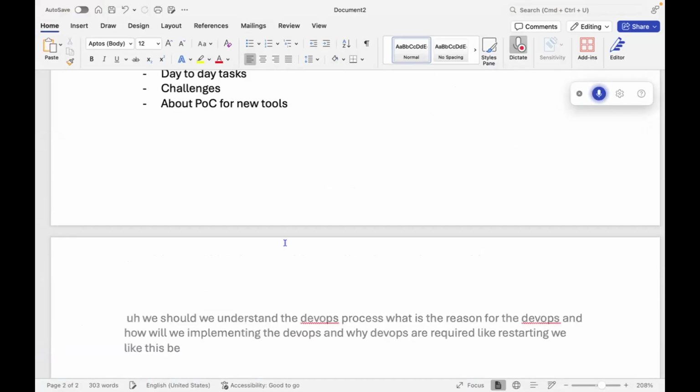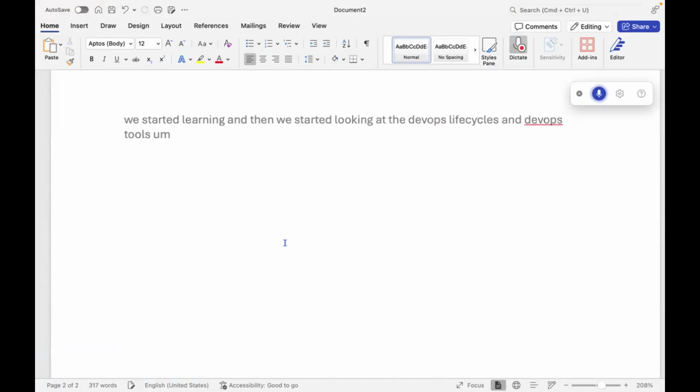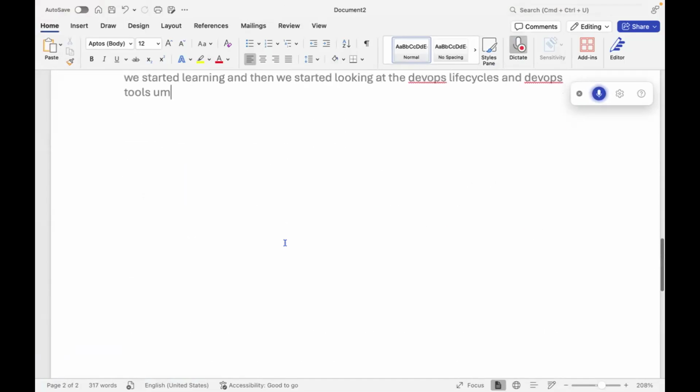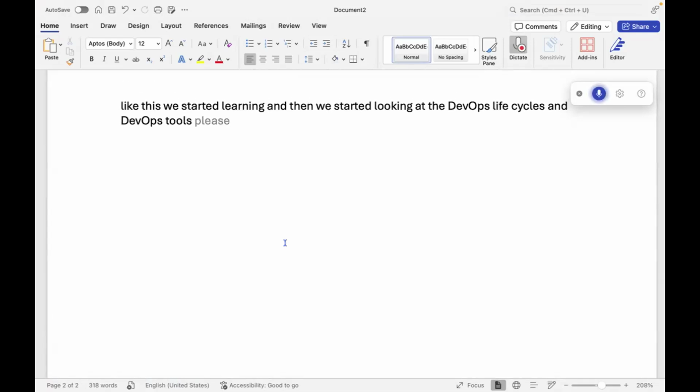Then we started looking at the DevOps life cycles and DevOps tools, gaining knowledge in the different tools used at different stages of the life cycle. The main agenda of DevOps is to deliver the software to the customer frequently, and at the same time with no quality compromises.